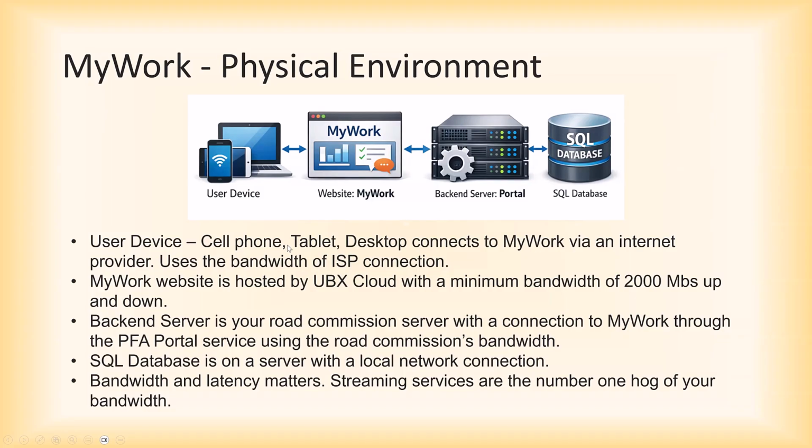So again, if we're looking at what's known on the internet as bandwidth, when you get your ISP connection, you've got maybe a bandwidth of 100 megabits down and 100 megabits up, or usually it's diverse, so you get a bigger download rate than upload rate. The best way to think of that is it's like lanes on a highway.